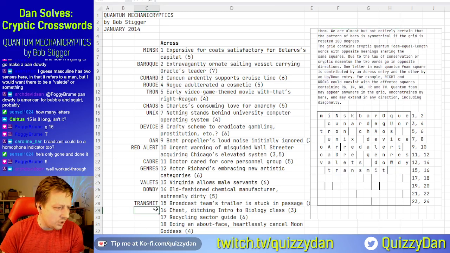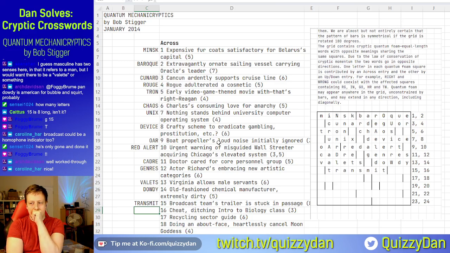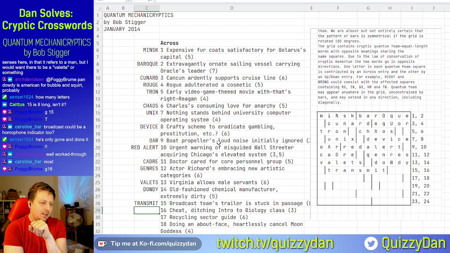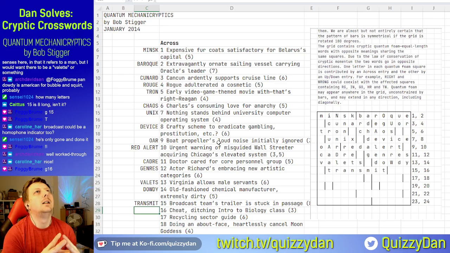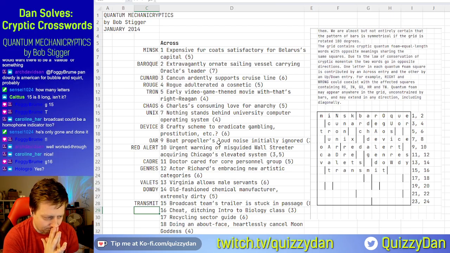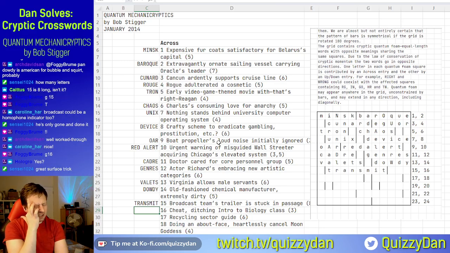I'm pleased. Cheat. Ditching intro to biology class. 3 letters. So there's loads of different ways that I can read this, and I'm trying to work out what it is.